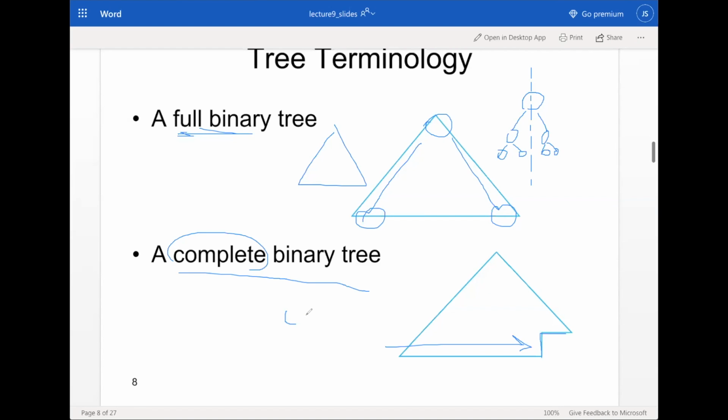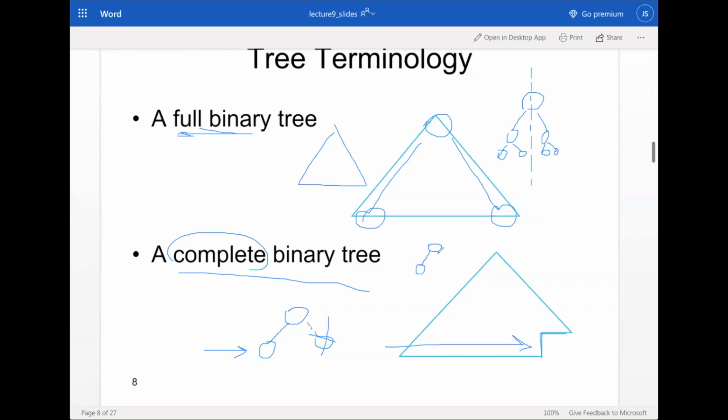You can have something like this, basically one node and having this node, but this entire part is missing. This is what we call a complete binary tree. It's just missing the right. You look at the very last level, it's missing the right side. You can also have this one, and the rest of the nodes are flushed to the left as much as possible.